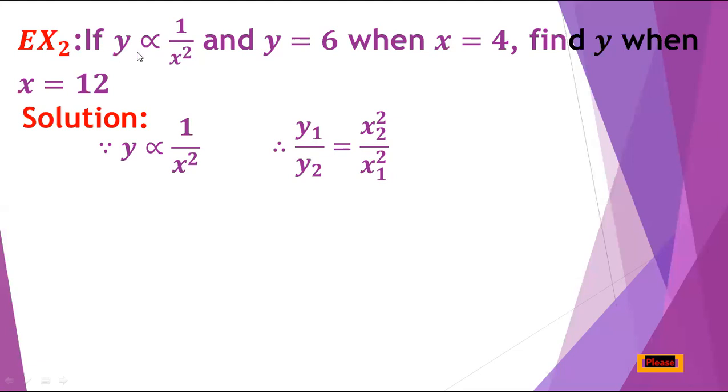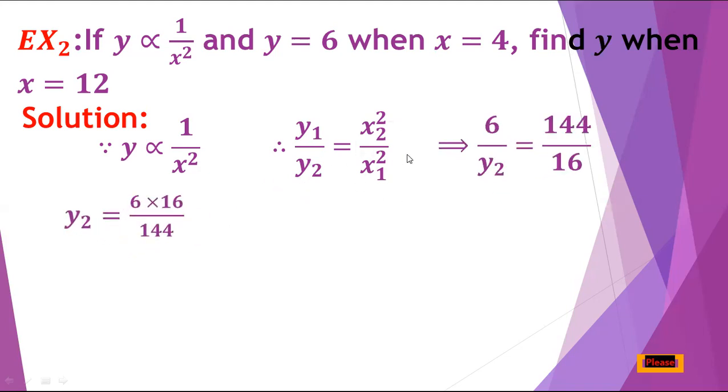If I have y varies inversely as 1 over x, then y1 divided by y2 equals x2 divided by x1. But here we have x power 2, then y1 divided by y2 equals x2 power 2 divided by x1 power 2. Y1 equals 6, x1 equals 4, x2 equals 12, and I want to find y2, which is the required. Direct substitution.